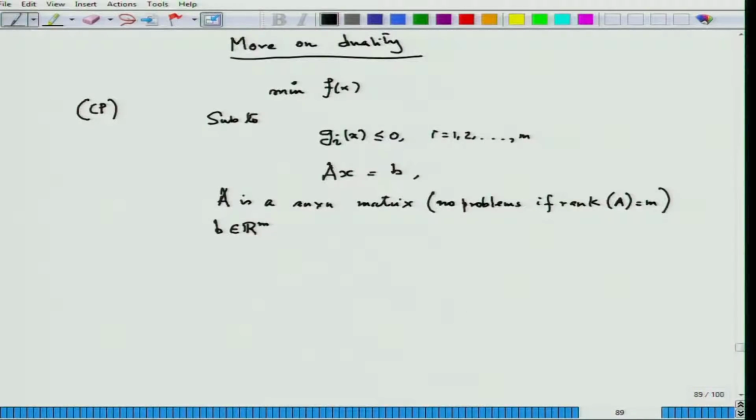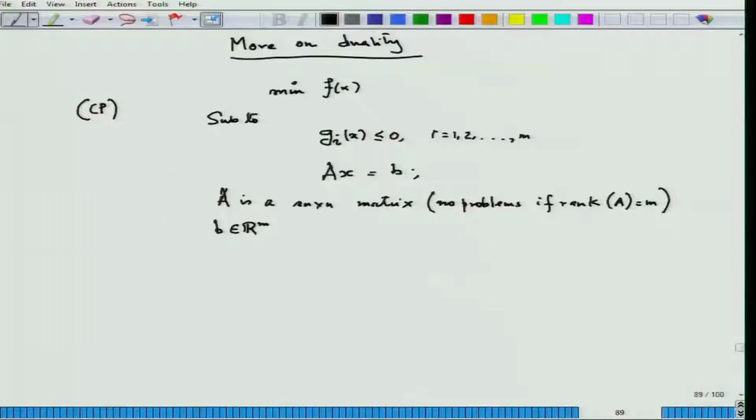So, how do I construct the Lagrangian in this case? Now the Lagrangian would have x, lambda, the Lagrangian multiplier vector associated with the inequality constraints, and a vector associated with the equality constraints.